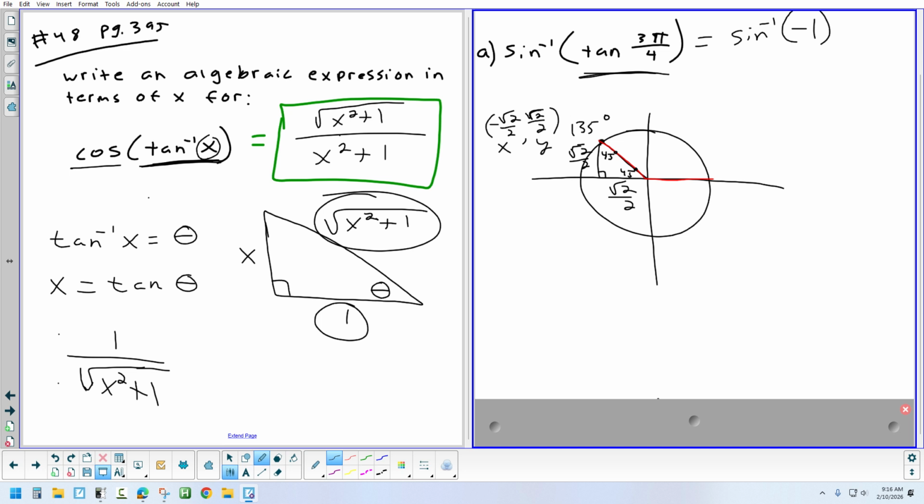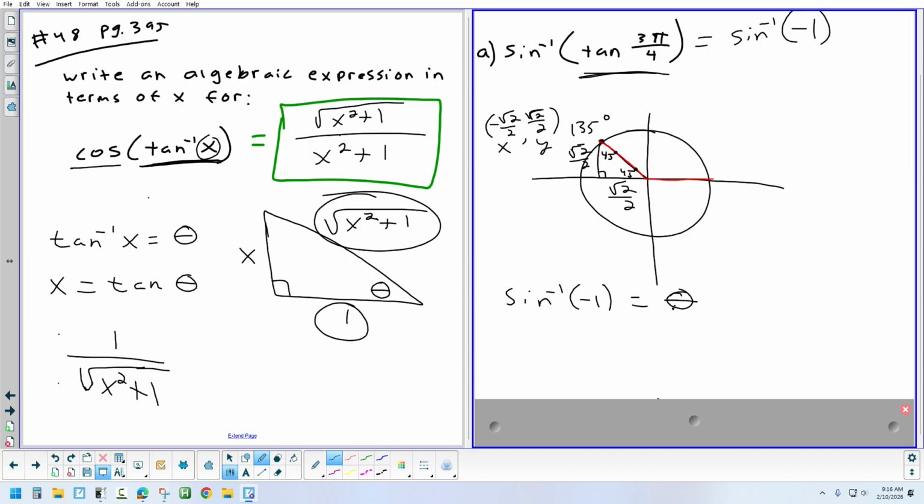Like it's measuring what? The final answer. Yep. It's measuring an angle because I'm doing inverse trig. So when I do this out, I don't know what it is yet, but I know it's going to equal some angle. And that's my answer I need to figure out.